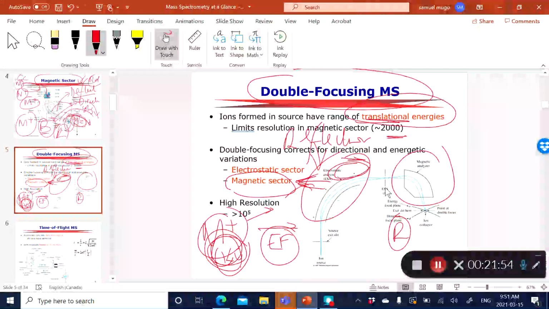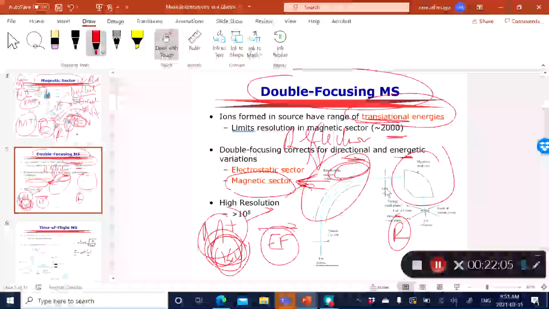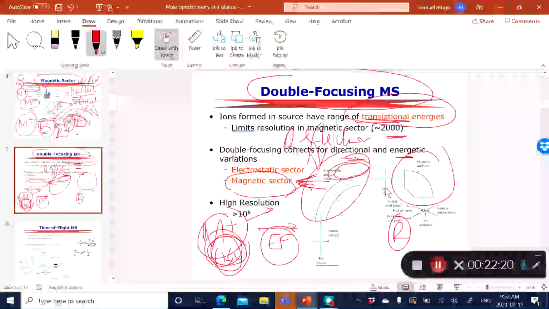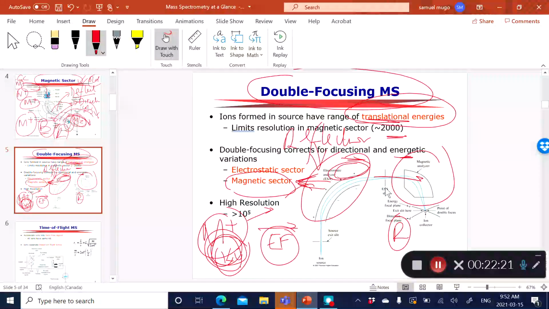And that's why they call it focusing the ions based on their energy. So take note of that. The electrostatic analyzer is meant to focus the ions that are coming in with differential translational energies. You want to make sure that the ions start with the same translational energy as they get to the mass analyzer.